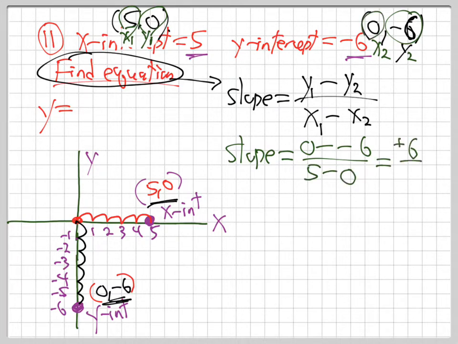Plus 6 over 5. So the slope between those 2 points must be positive 6 over 5. Did you see what I did there? I just used the slope formula.